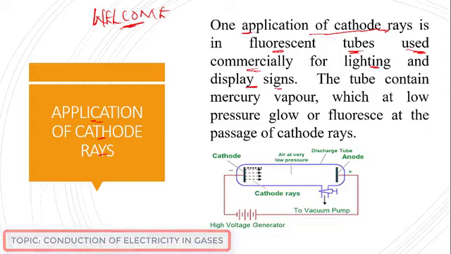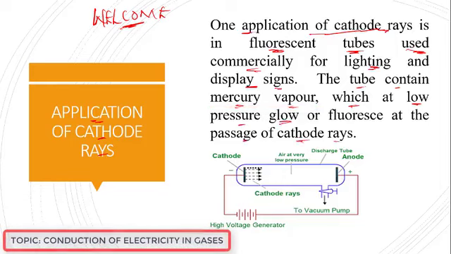That lighting you see comes from cathode rays that are present in fluorescent tubes, which are used for these commercial lightings and display signs. What helps these signs to give out light is that the tube contains what we call mercury vapor. Mercury vapor has the capacity to glow or fluoresce at low pressure when cathode rays are passed through it.